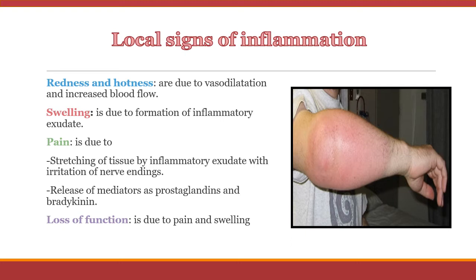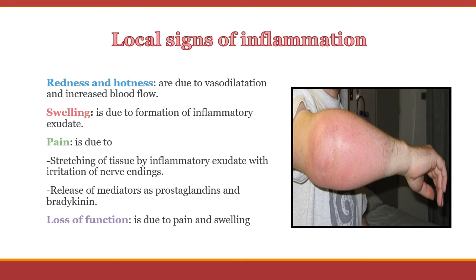So this will be very alarming or irritating to the nerve endings. The nerve endings are not going to like this inflammatory exudate and all of this hassle that's happening in the interstitial tissue, so they will start to send signals that are going to be translated as pain.